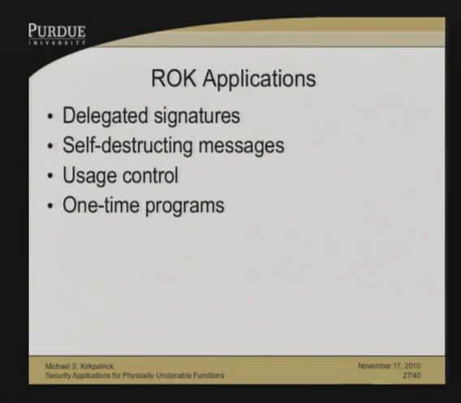If I wanted to let one of you sign a document on my behalf, I could take my private key, encrypt it with a read once key, and then when you would go to sign a document, you would use your read once key to decrypt that, get my private key, sign it, and then that version would be completely destroyed. So you could delegate signatures in that way.